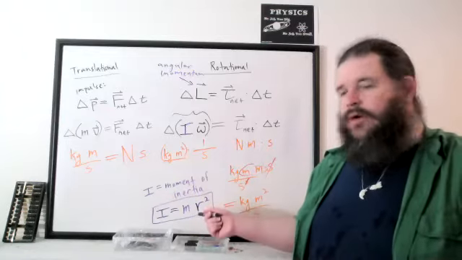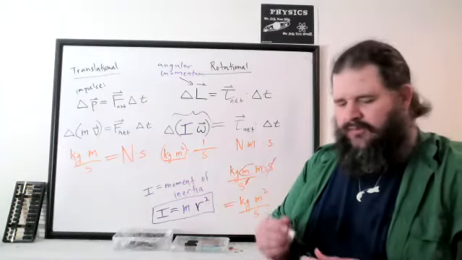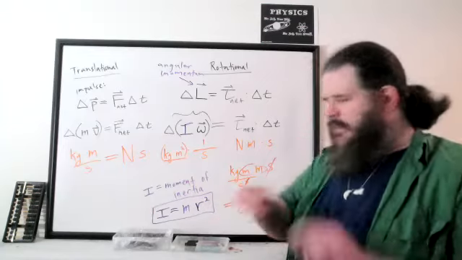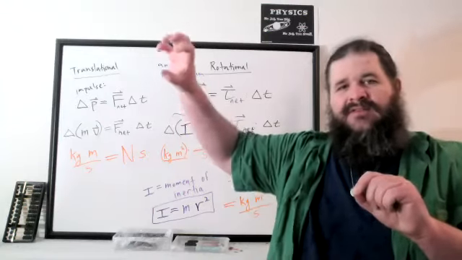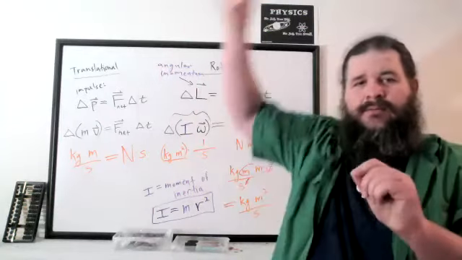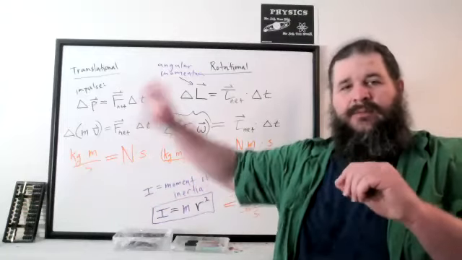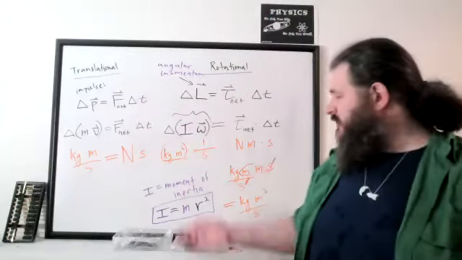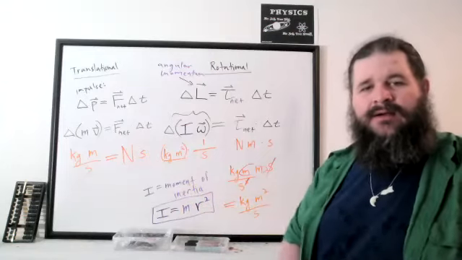However, this only works if all the mass is that distance from the center. So for example, if you've got, let's say, a long but lightweight stick and a heavy mass at the end of it, and you're swinging that around, all the mass, or almost all the mass, is that one distance from the pivot point. So you can treat that as just the mass of that object at the end times the distance from the pivot point squared.